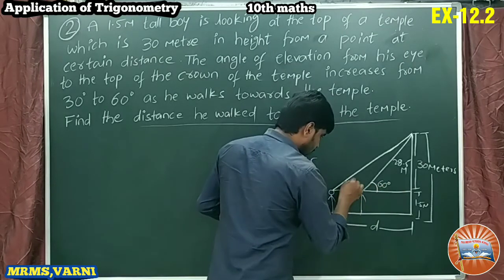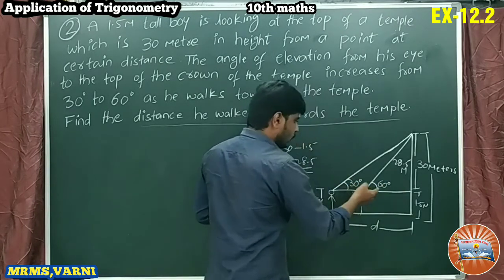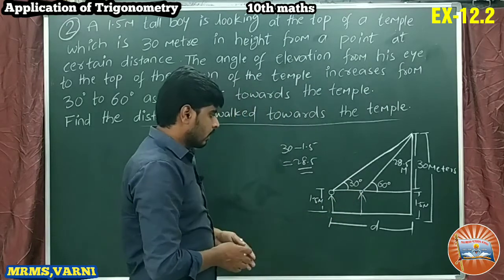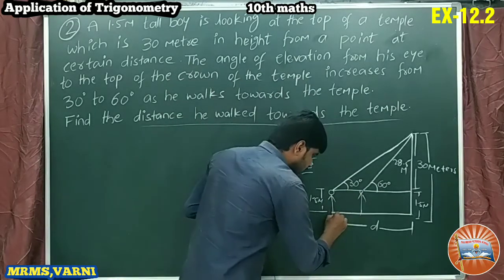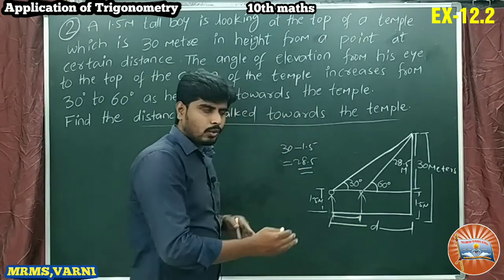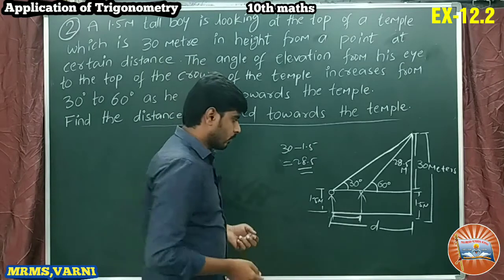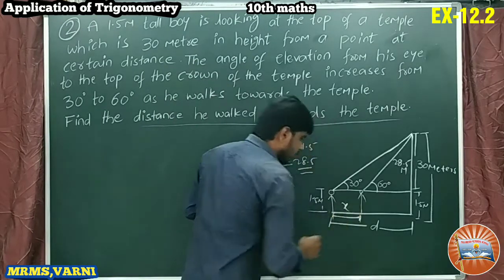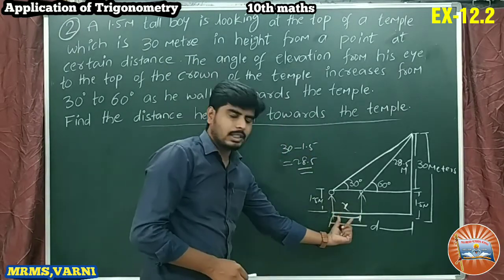At the initial stage it is 30 degrees, now it increased to 60 degrees. We have to find this distance, how much he walked towards the temple. This is considered X.